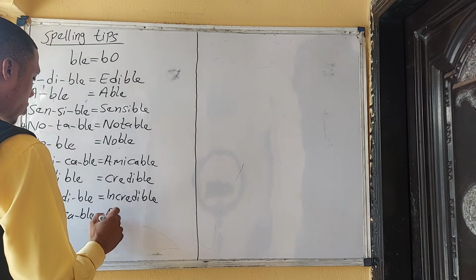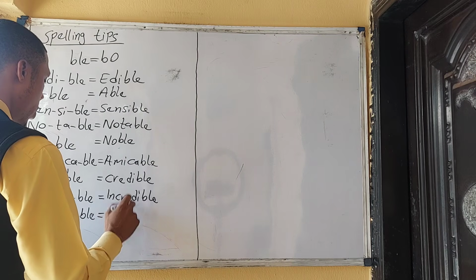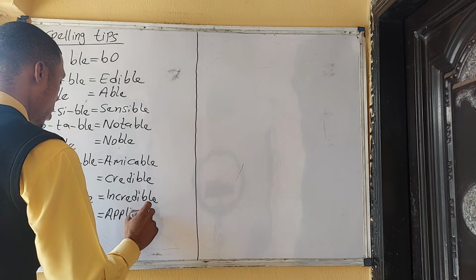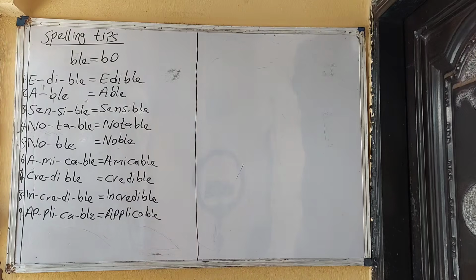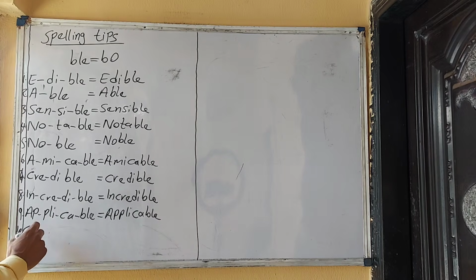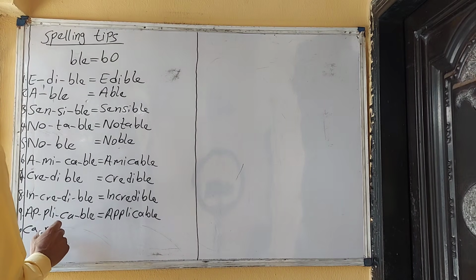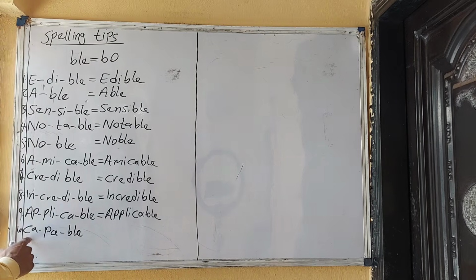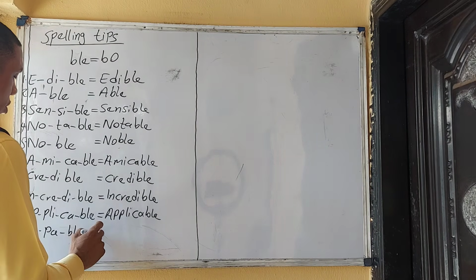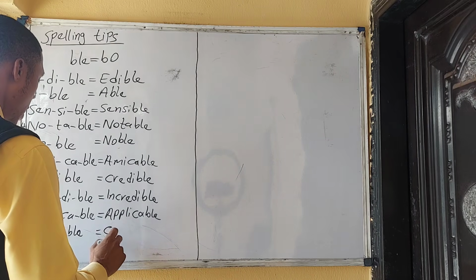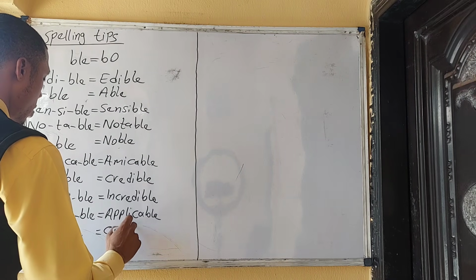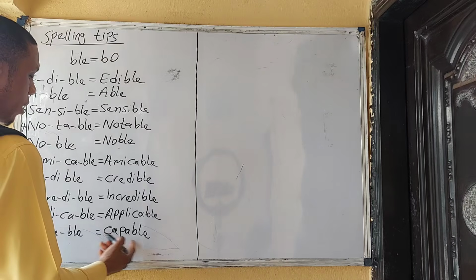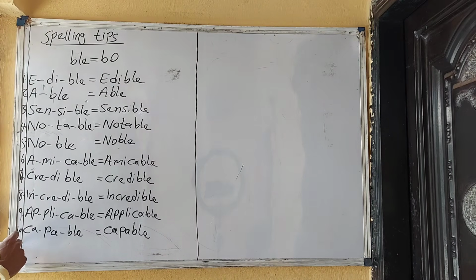Applicable becomes what? Applicable. Then bo. Capable becomes what? Then bo. Capable.